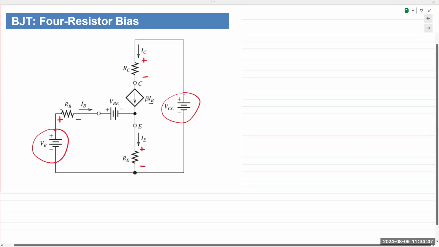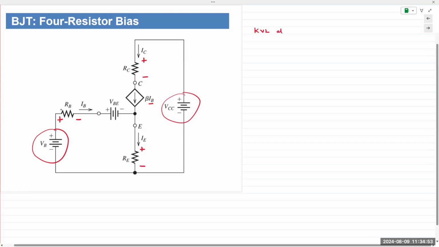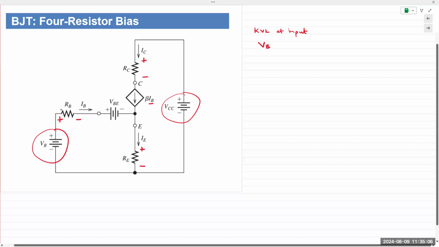Okay. So if you apply KVL on the input side, we have 4 voltages. We have VB, VRB, VBE, and VRE. So let me write that down.